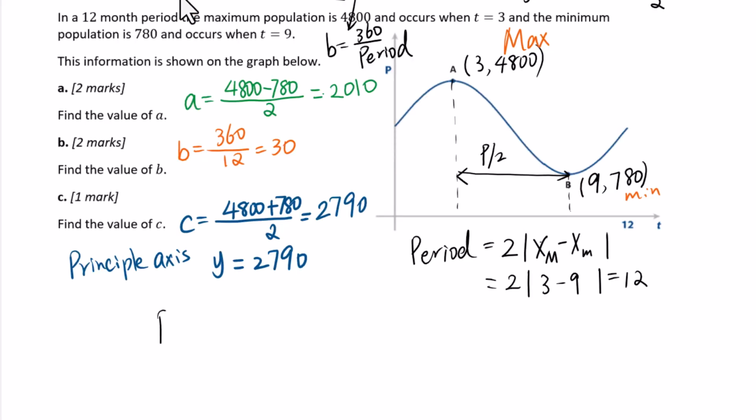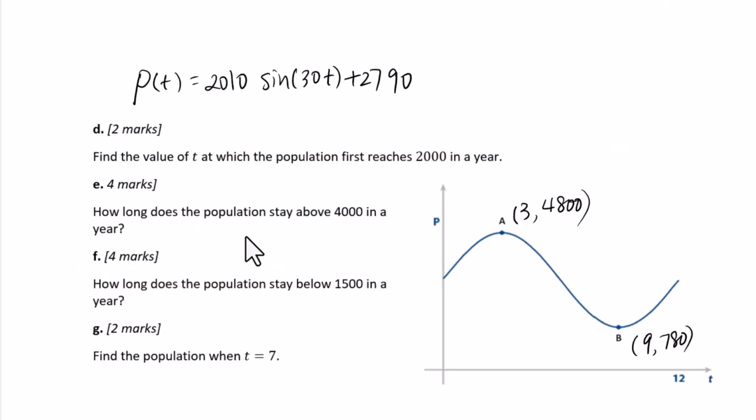We can write down the function P of t equals 2010 sine 30t plus 2790. Let's go to D. Find the value of t at which the population first reaches 2,000 in a year.